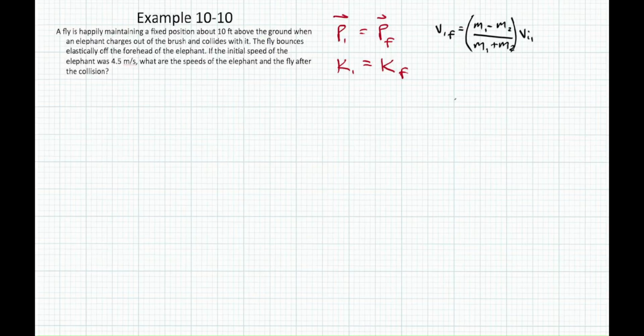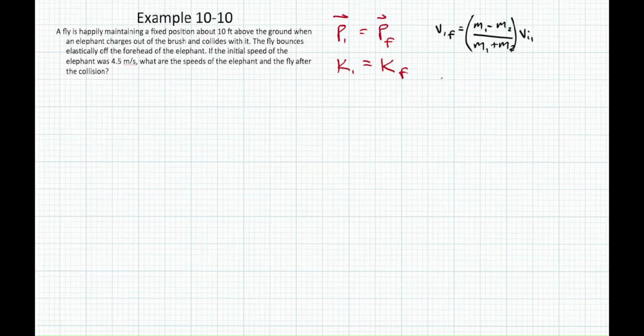How about for the final velocity of object 2? Again, this is a scenario where we have object 1, which is moving, and object 2, which is initially not moving. What are their final velocities after they collide? That's what we're trying to find.